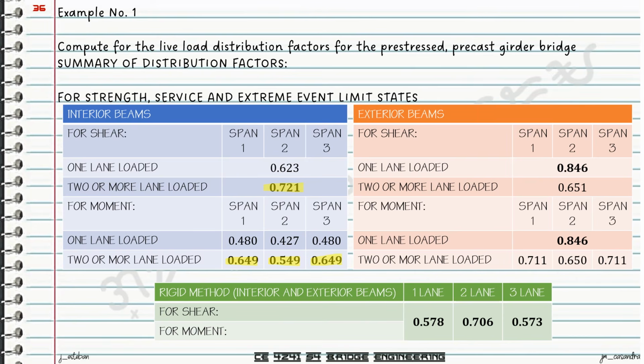Then for exterior beams, the controlling value for the shear for all spans is this value, and for the moment the governing value for the distribution at exterior beams is 0.846. And then by rigid method, we were also able to solve for the shear and moment distribution factors for 1 lane, 2 lanes, and 3 lanes.